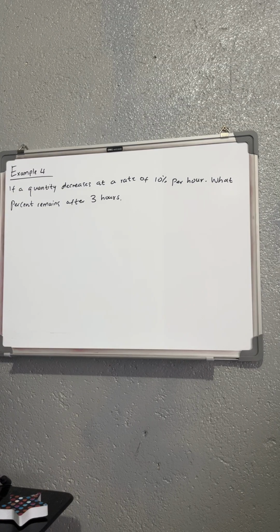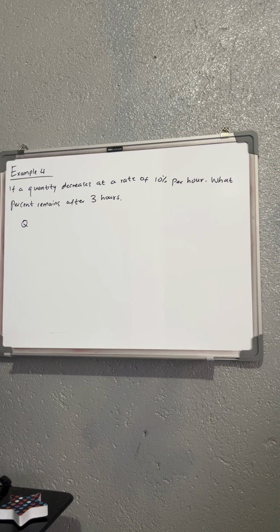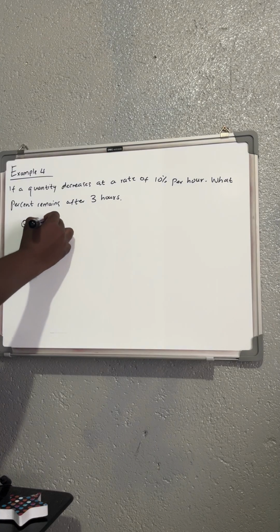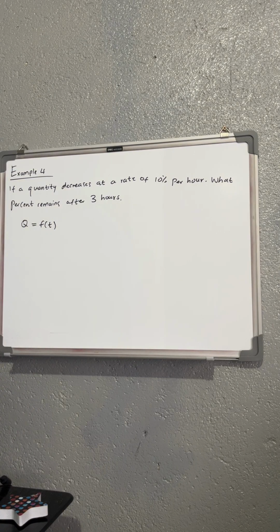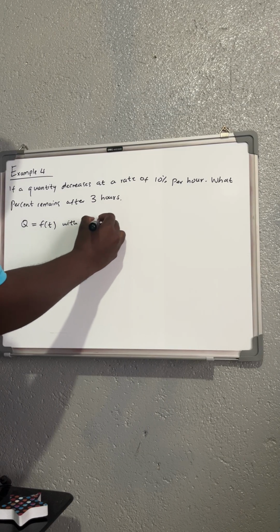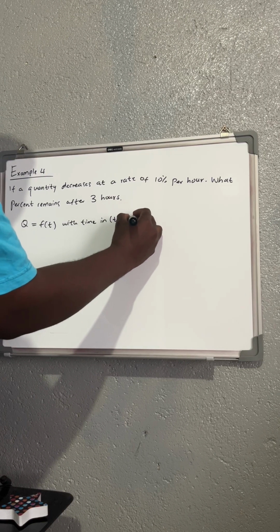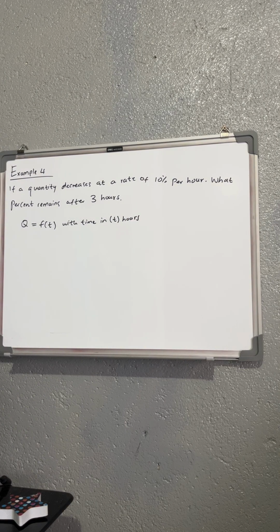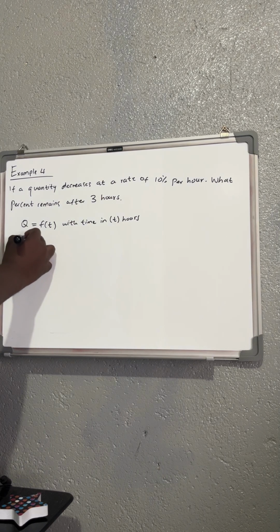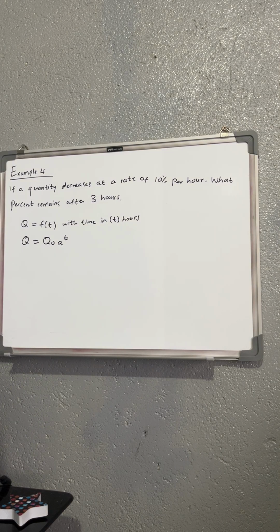So with this one, we're still working with quantities, so I can just say let quantity be a function of time, with time in t hours. So how would that look? Then you'll say you have your Q is equal to your Q0, you have your a, the exponent t.